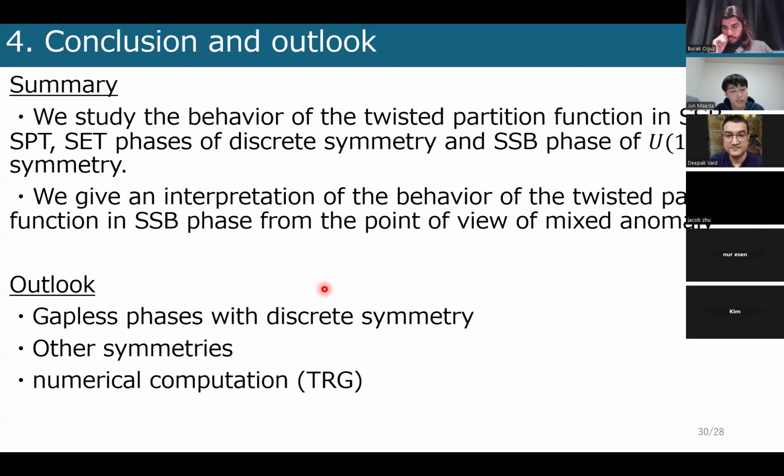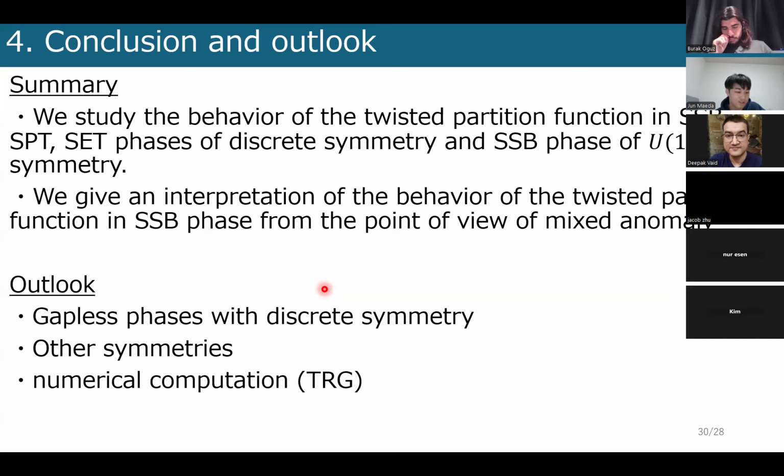And of course, it is interesting to consider other symmetries like non-invertible symmetry or higher group symmetry. Also, here we focus on the non-anomalous group-like symmetry case, but it is interesting to consider the anomalous group-like symmetry case.